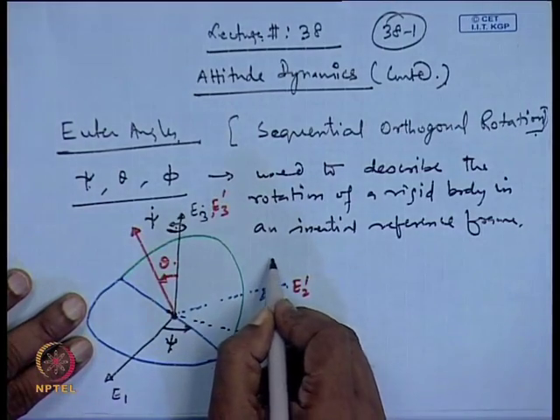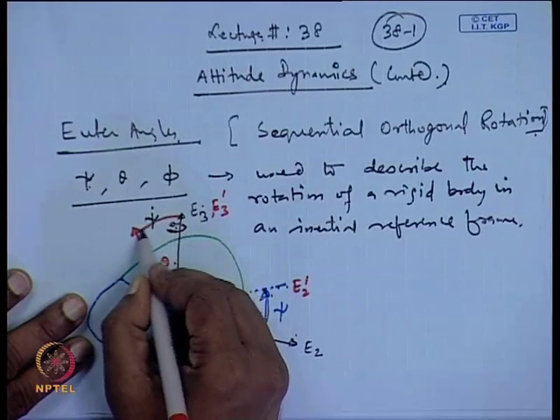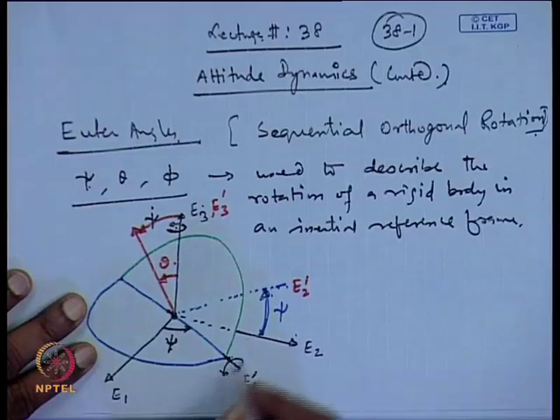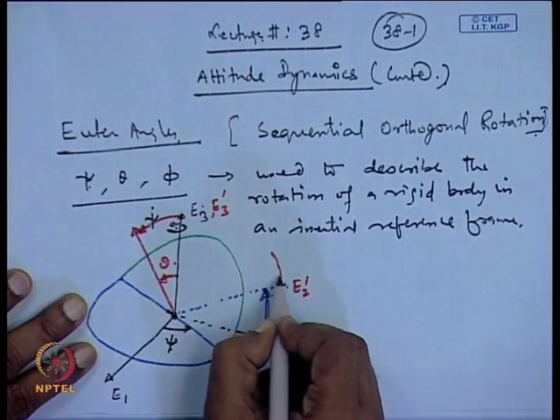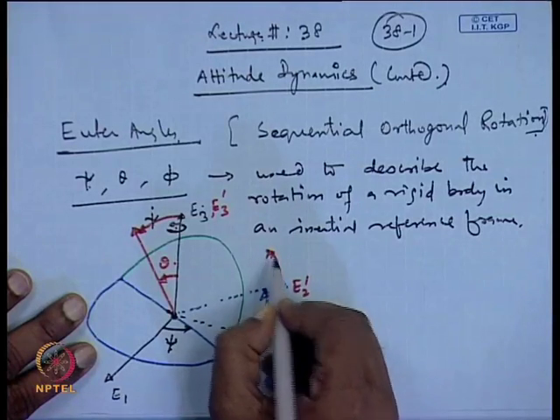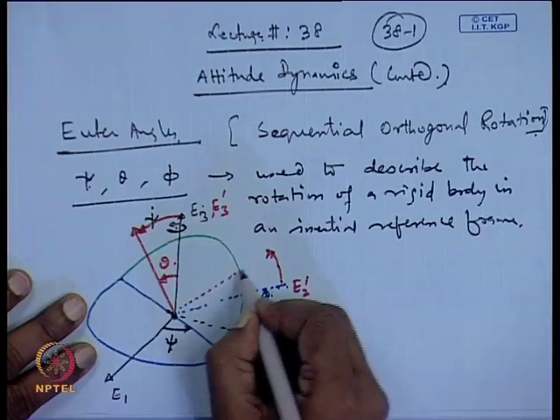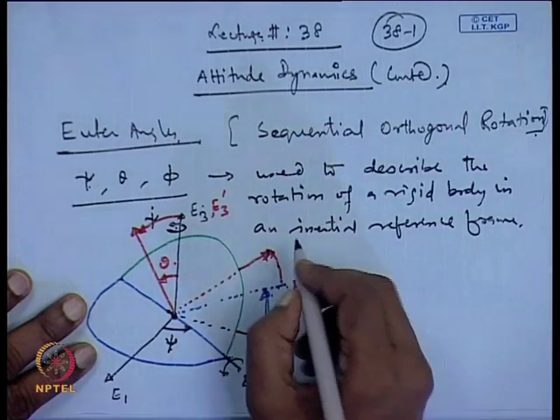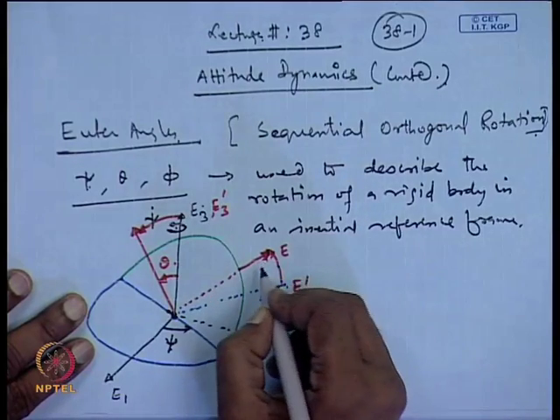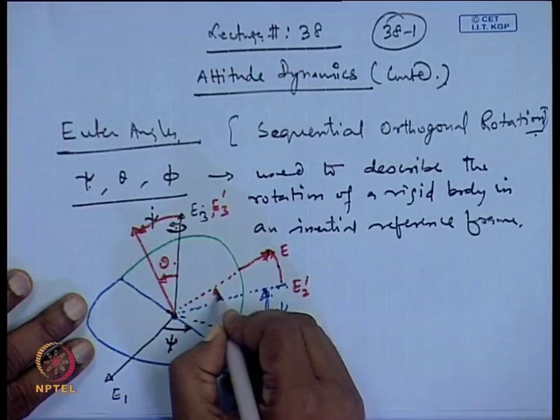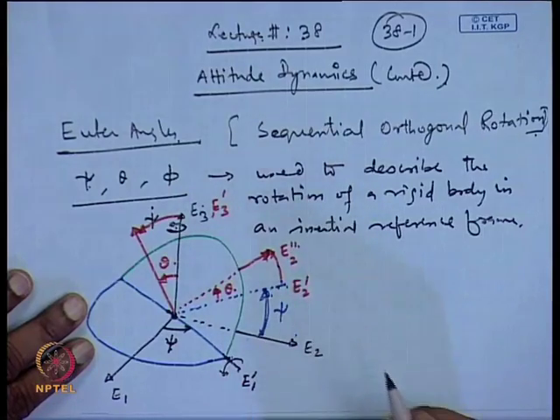Once you rotate it, it will move from this place to this place. And this you are rotating by angle theta, you can write here E2 double prime.